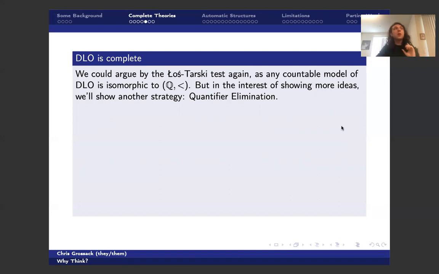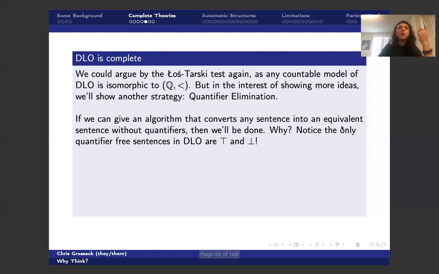But in the interest of showing other ways to get completeness results, let's talk about quantifier elimination. So quantifier elimination does what it says on the tin. It says a theory has quantifier elimination if any sentence in that theory is equivalent to a sentence without quantifiers. This is a very powerful result.